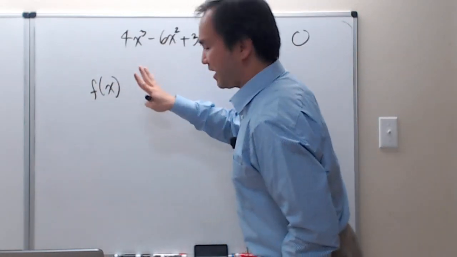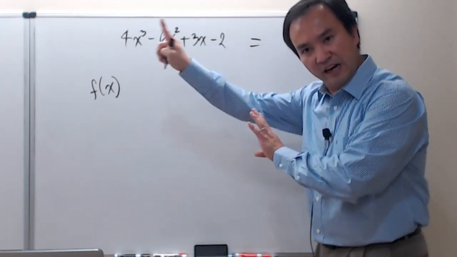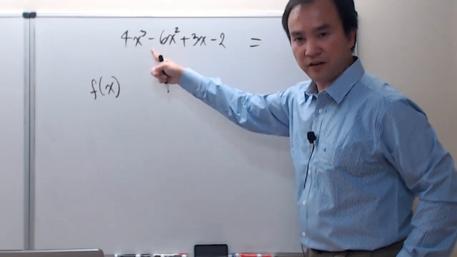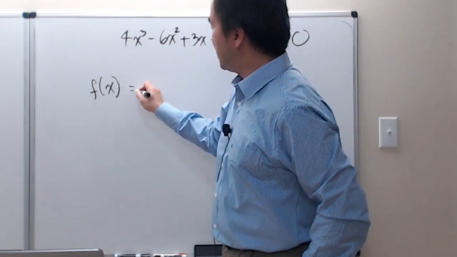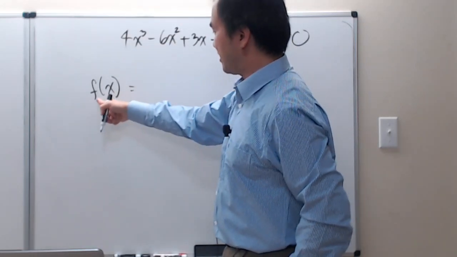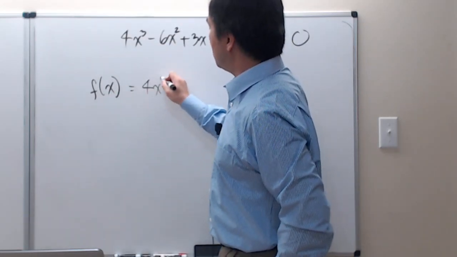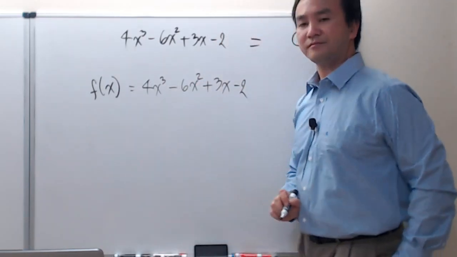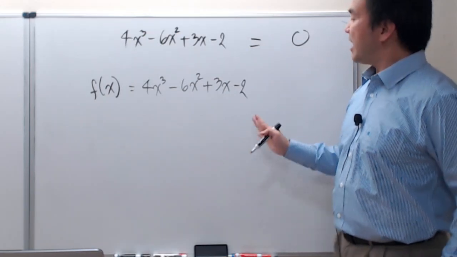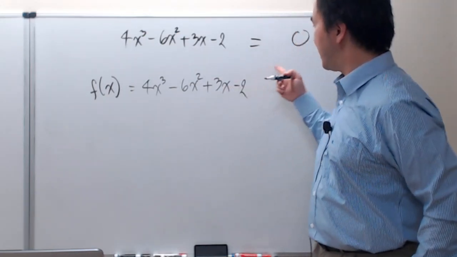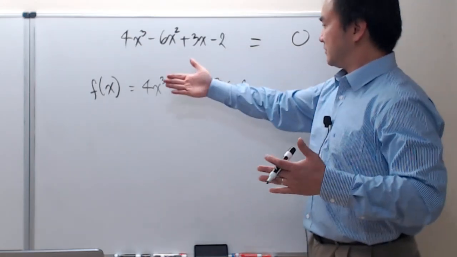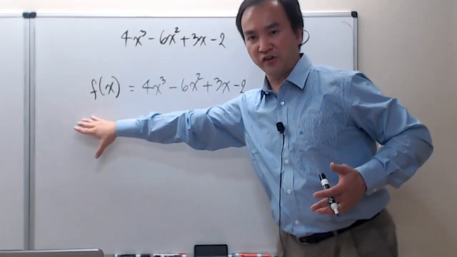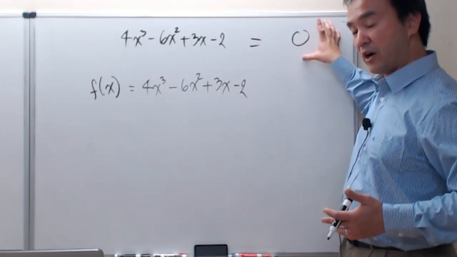So any equation, you can always regard the left-hand side as some function of the designated input variable. So here I can regard my left-hand side as the function f of x equals 4x cubed minus 6x squared plus 3x minus 2. And the right-hand side, we can regard as a value. And so the truth about this equation is that we want to find the value for x such that this function has an output equal to 0.